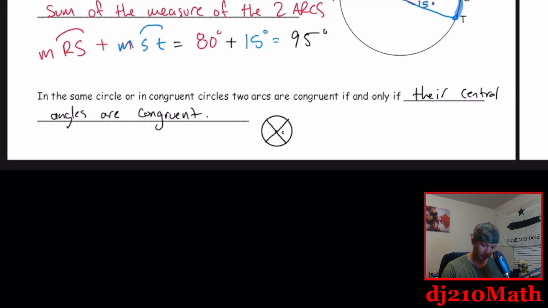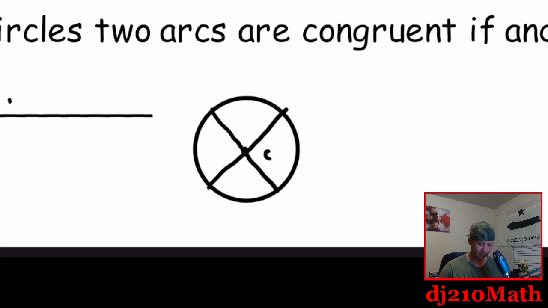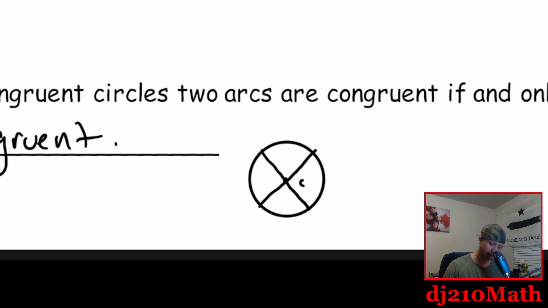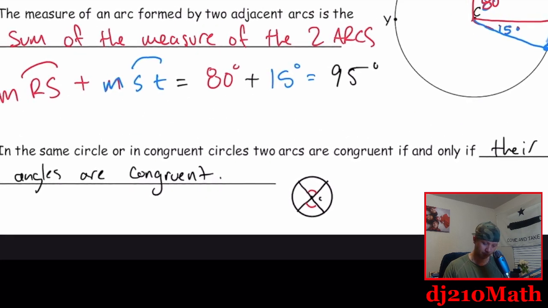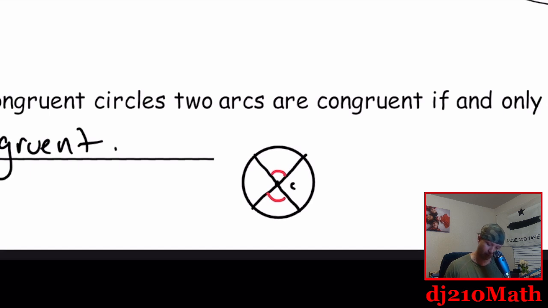Again, we can call this center C. What this is saying is, if the central angles are congruent, the arcs are also congruent. That's what this is saying. So if you have a circle and the central angles are congruent, well, then the corresponding arcs are also congruent.